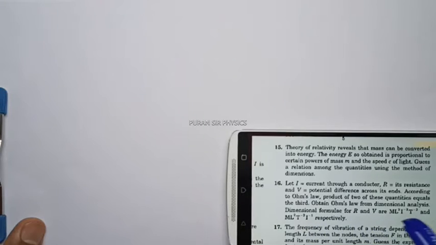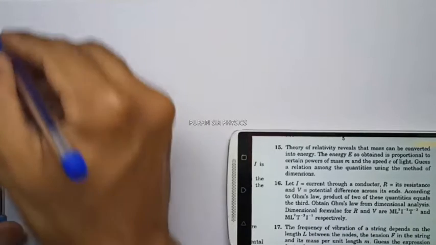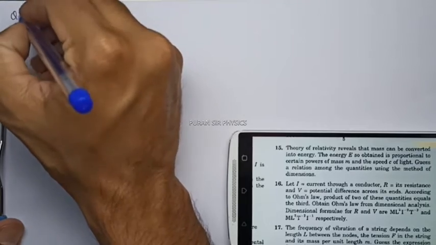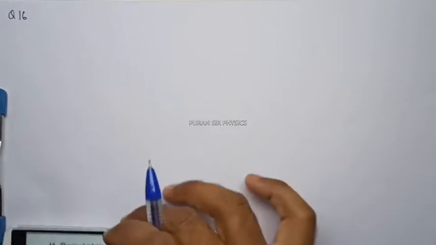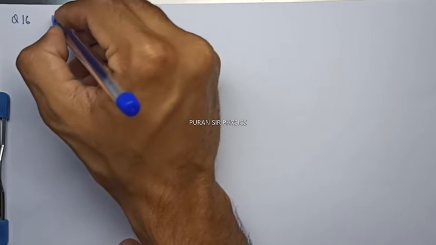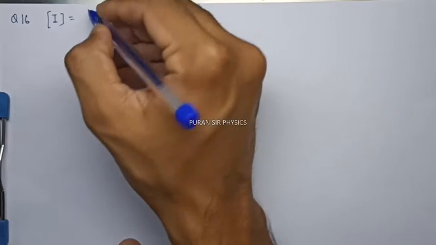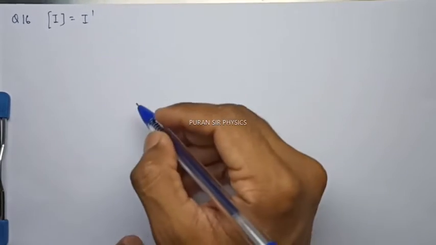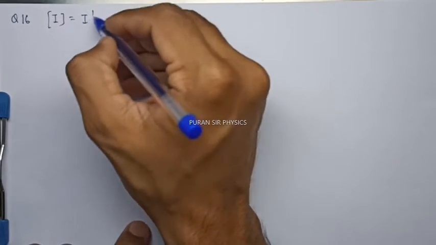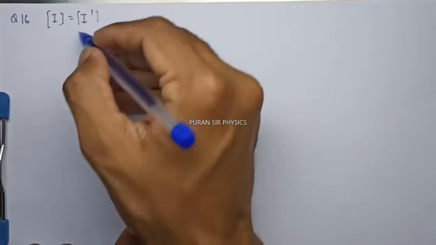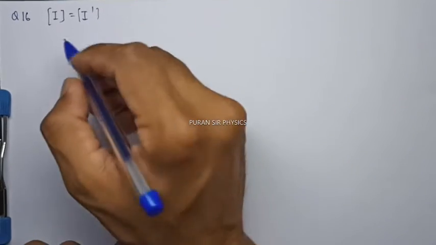The dimensional formulas for R and V are given. We already know the dimension of I, because current is our base quantity.